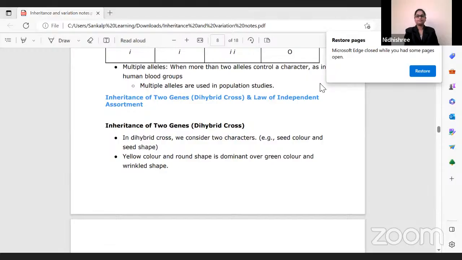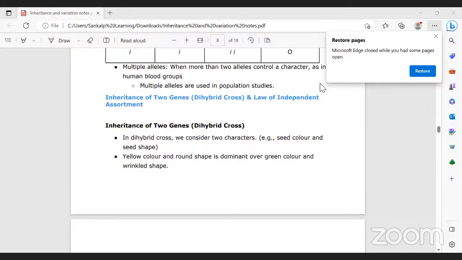Samarth. Please read out the slide. Multiple alleles: when more than 2 alleles control a character, as in human blood groups.